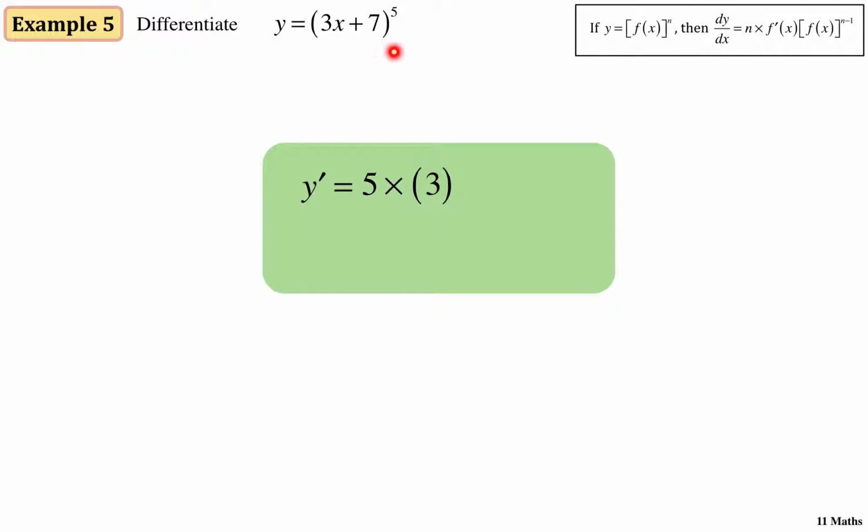Multiplied by the original question, the brackets, but the power is decreased by 1. 5 times 3 is 15, so the derivative in the end is going to be 15 multiplied by 3x plus 7 all to the power of 4. Powerful differentiation using the chain rule.